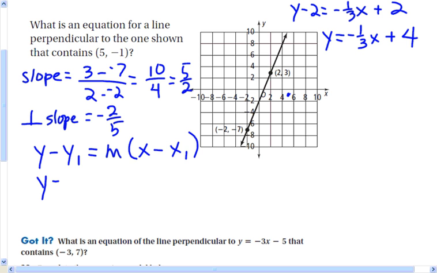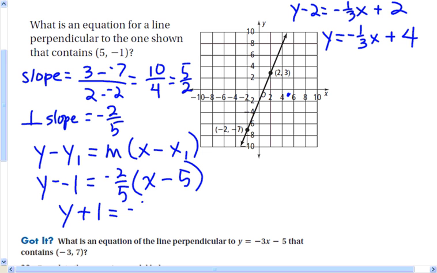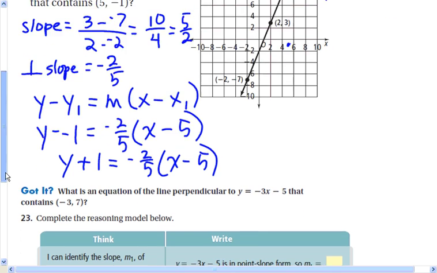I get y minus negative 1 is equal to negative 2/5 times x minus 5. Just make that look a little nicer. y plus 1 is equal to negative 2/5 times the quantity x minus 5. And then I have an equation.